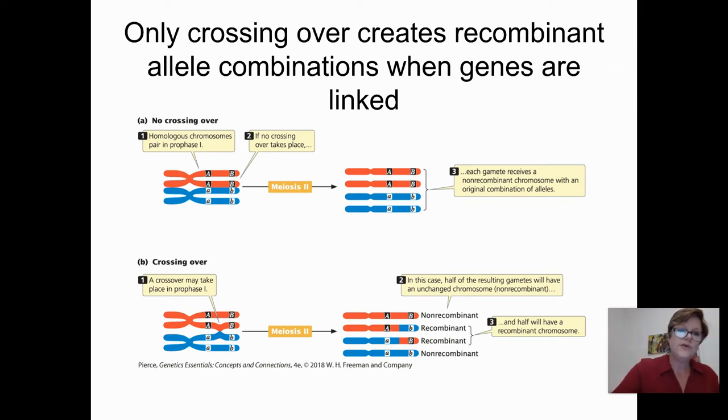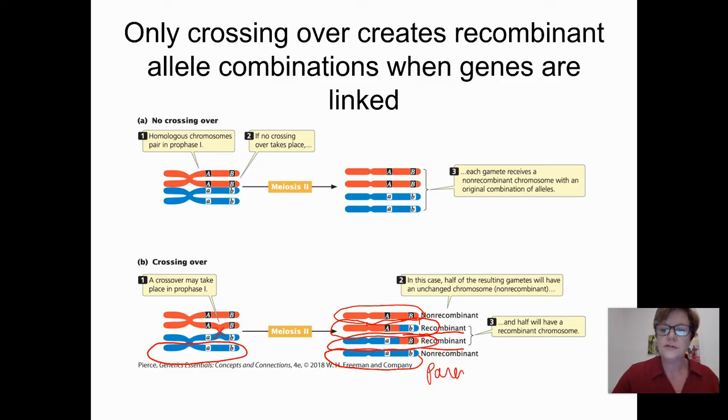So as I was mentioning, when you have a tetrad, if the chromosomes cross over between where the two genes are, then you'll get allele combinations that are called non-parental. They can be called crossover, or they can be called recombinant. I tend to call them crossover chromosomes, and I tend to call the other allele combinations, the ones that match exactly what was in the original parent, the parentals.